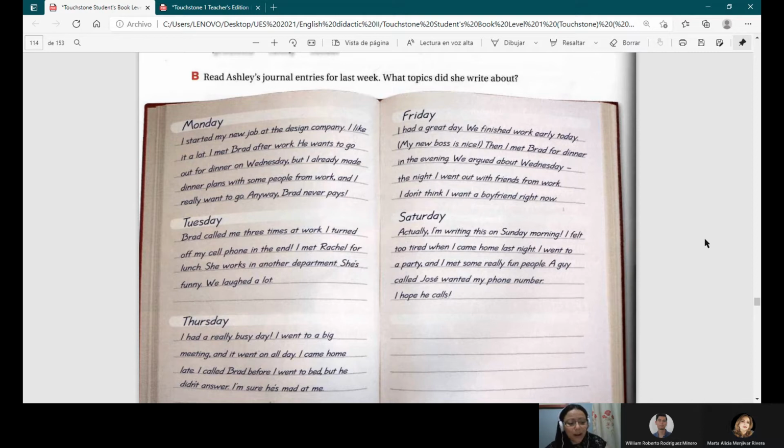Oh yes, you're right. Very good, Marta. And usually, what do you write about in the journal? Could you share something that you remember? Yes, I used to write about my classes, my friends, my family, why when we went on vacations, and if I had a new boyfriend as well, I used to write down about them.